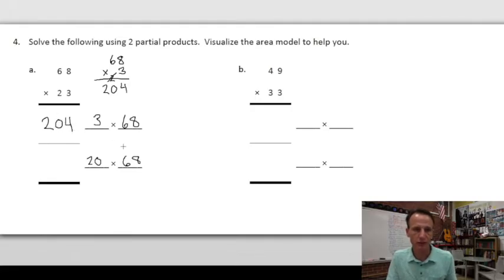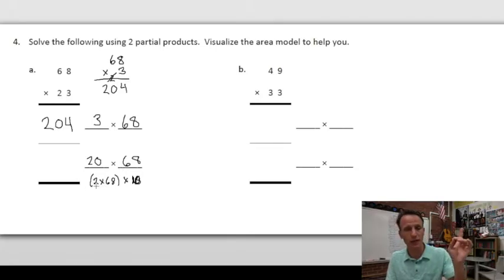Align your place values. Now here doing 20 times 68, I can use those properties to say, well, this is 2 times 68 times 10, right? I'm decomposing the 20 as 2 times 10 and associating it with the 68. Now, doubling 68 in your head isn't quite as easy as some of the other numbers we've worked with, but you can do it. Again, my method is to do it backwards.